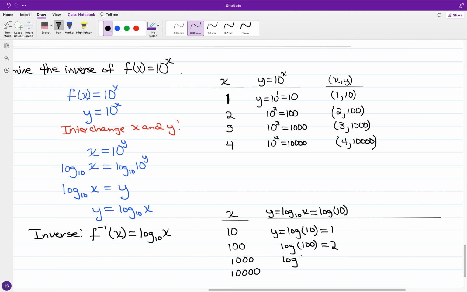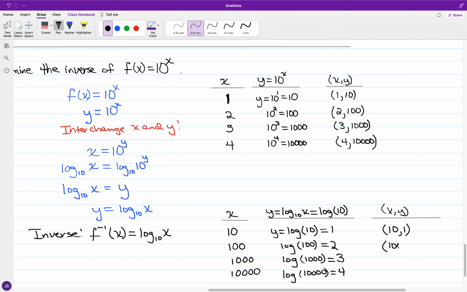And just like 1000, 1000 is 10 to the third. Now the base 10 logarithm, or log of 1000, goes to 3. And that of 10,000 is going to go to 4. So for these ordered pairs, when x is 10, y is 1.